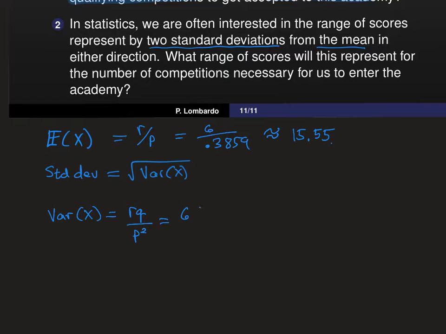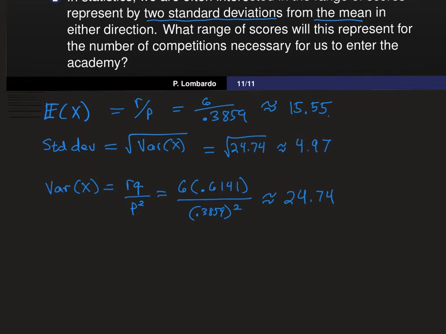So this would be 6 times 0.6141 over 0.3859 squared. This is about 24.74. Then the standard deviation would be the square root of that, which is approximately 4.97.